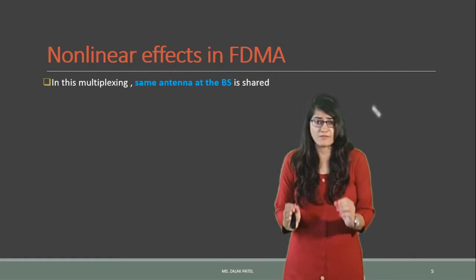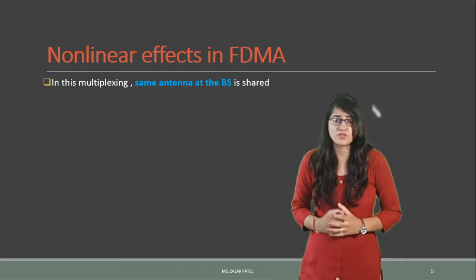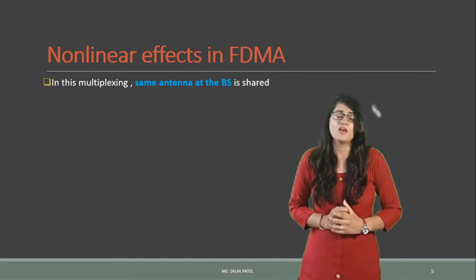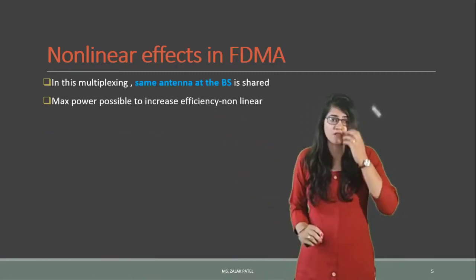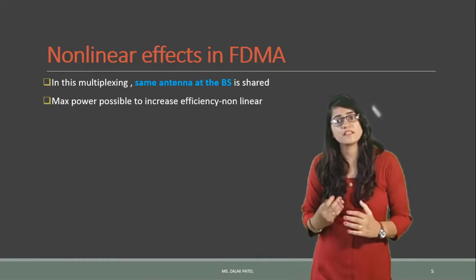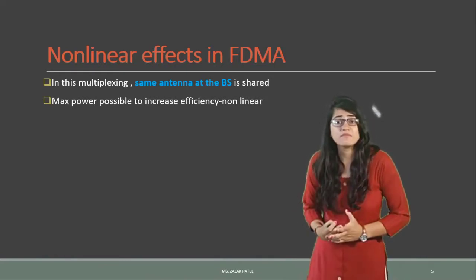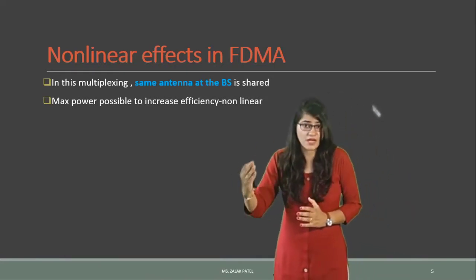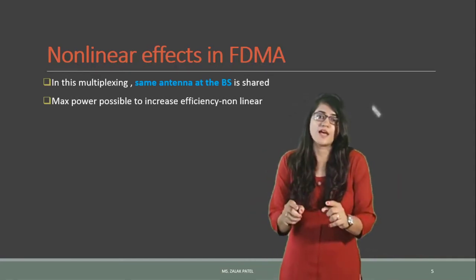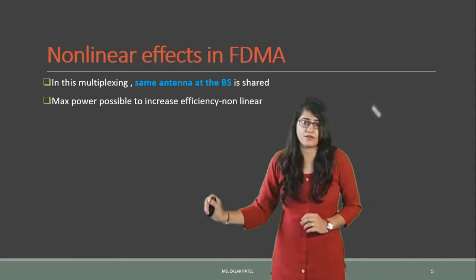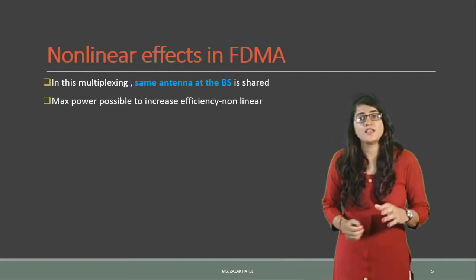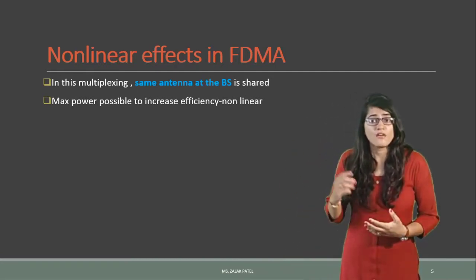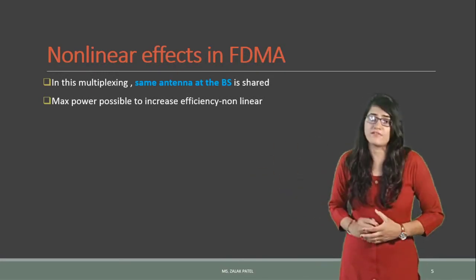Because the same antenna is used at the particular base station, the maximum power is possible. Because of this maximum power transmitted, non-linearity is generated. Because of this non-linearity, the signal is distorted when it comes to the receiver end.